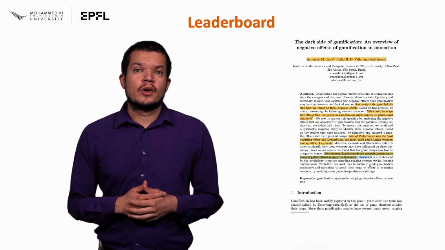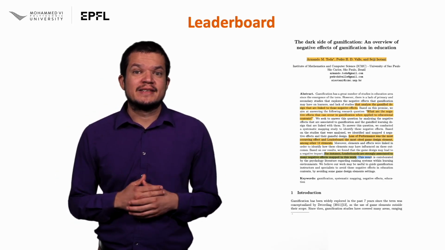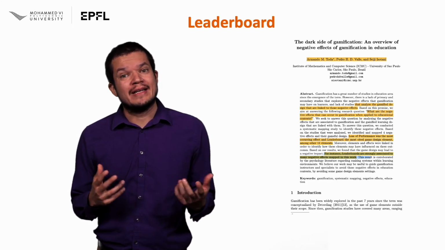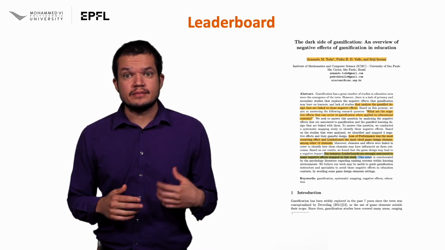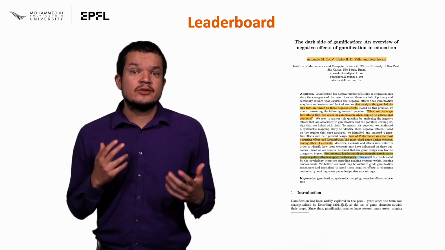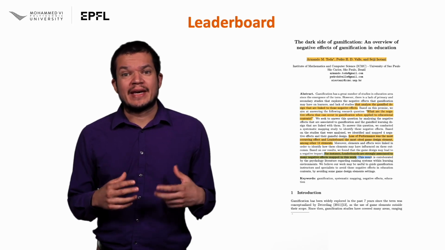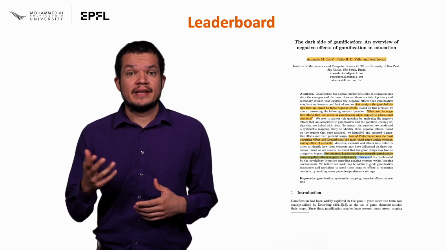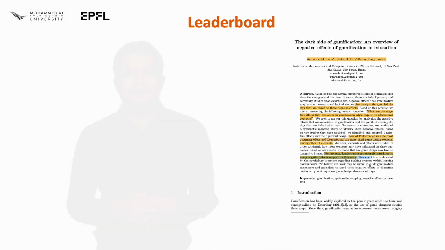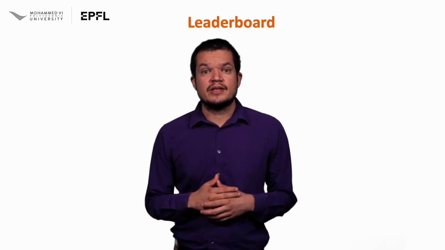Toda warned us a little against the practice and highlighted that leaderboards could lead to a loss of performance. And this was one of the most used mechanics in his literature review. One way to mitigate this loss of performance is actually to make the leaderboard anonymous.